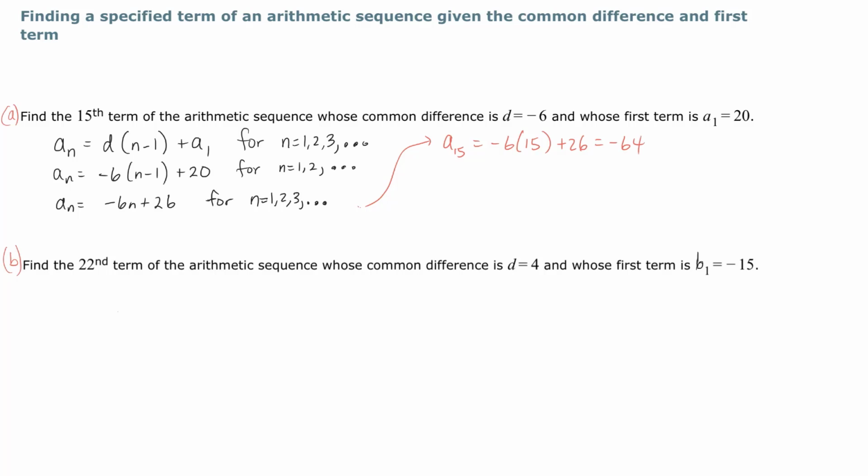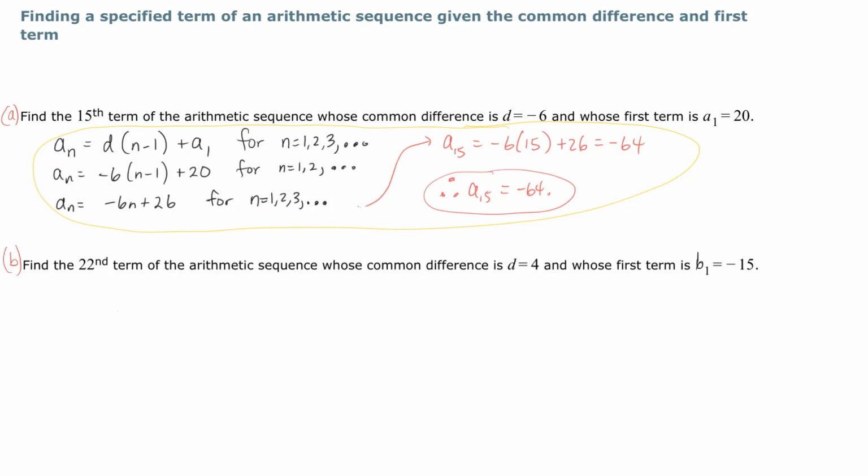Yeah. Okay, therefore, a sub 15 is equal to negative 64. There's your final expression. Even though this is the final answer, I'm going to go ahead and circle all the work. The work is needed. Go ahead and try example B.